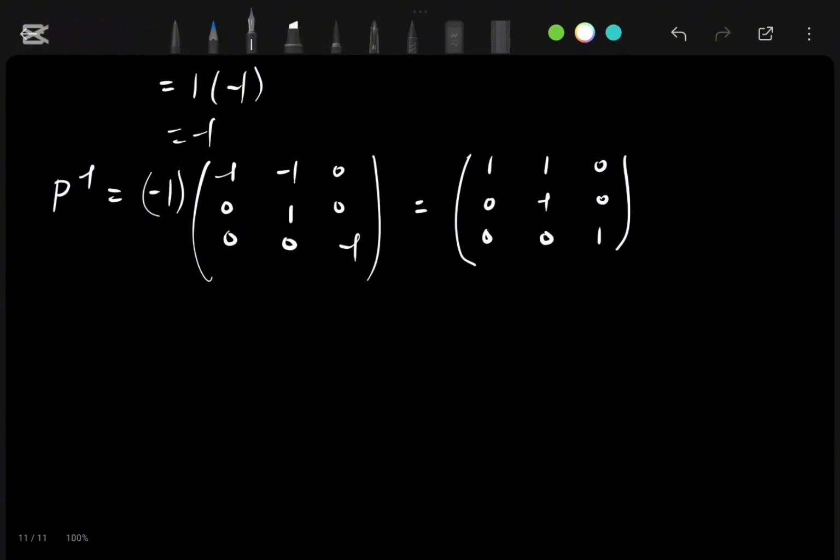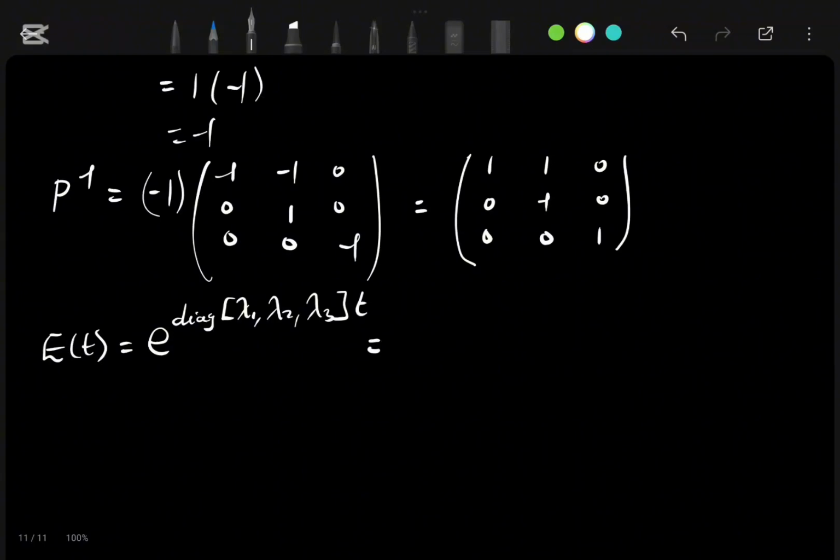Now, we've found our eigenvalues, the diagonal, our eigenvectors P and P inverse. Your e to the power of T is given by e raised to the power of the diagonal elements, which is lambda 1, lambda 2, and lambda 3 multiplied by t.